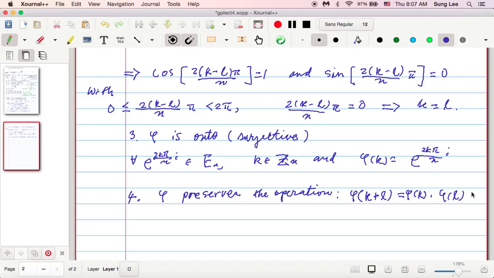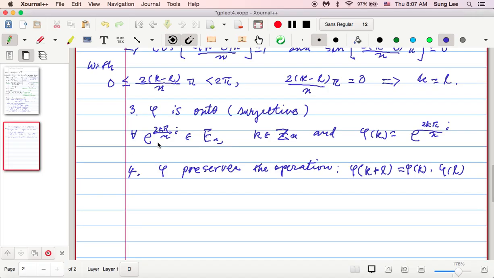Same group structure means the same operations. The operations are different: one side has addition, the other side has multiplication, but the way they operate is the same.